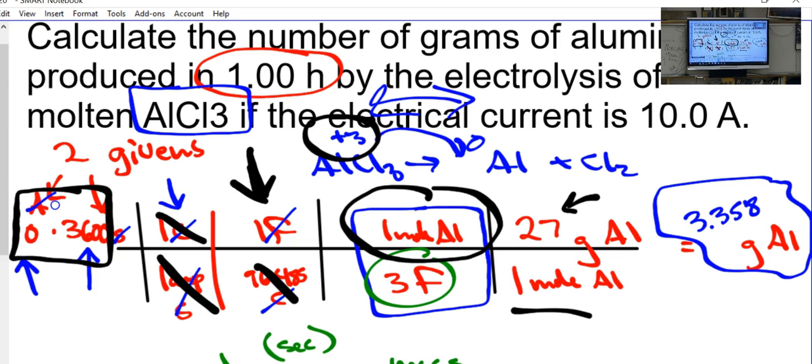You multiplied both givens and divided by the number of electrons transferred, and then just multiply by the molar mass.